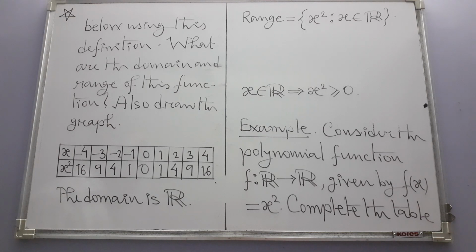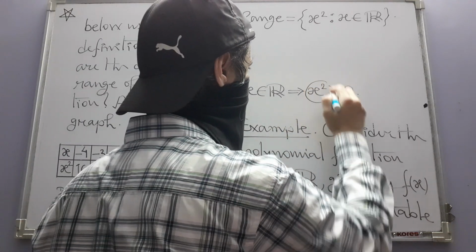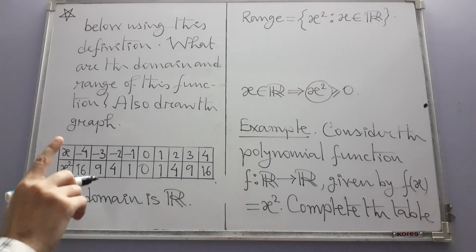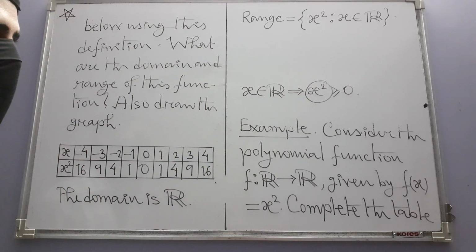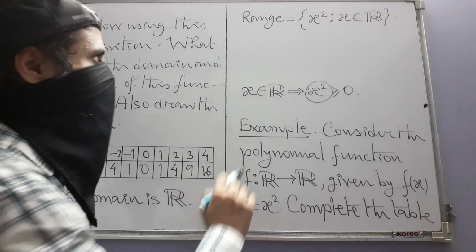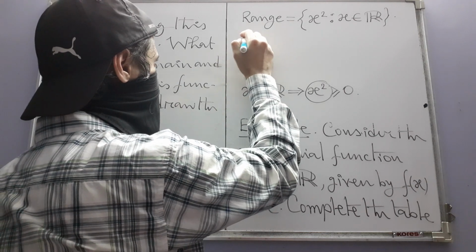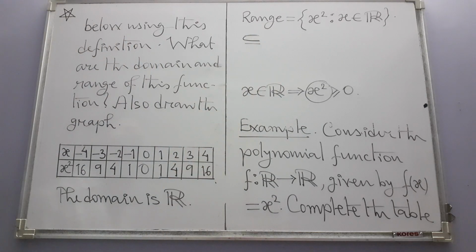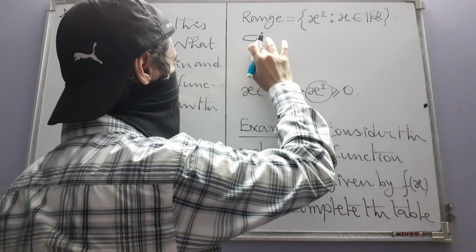This means what? Since these x squares form the range, so the range has non-negative real numbers as its elements. In other words, the range is a subset. Oh, we are not using this symbol here.